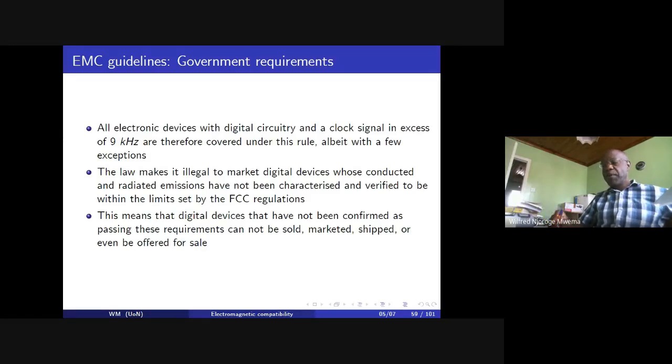If you recall, when we were making the transition from analog TV to digital terrestrial broadcast TV, there were terms used such as type approval. This type approval was to make sure that the equipment would adhere to our regulations within our jurisdiction.